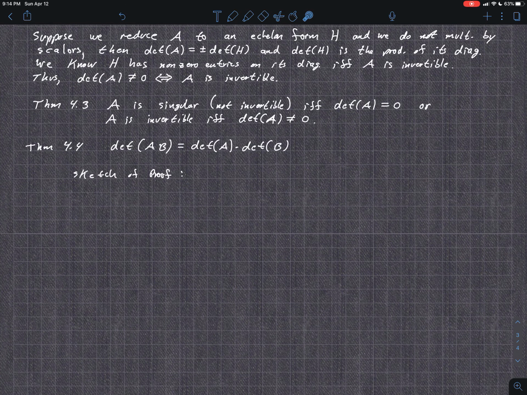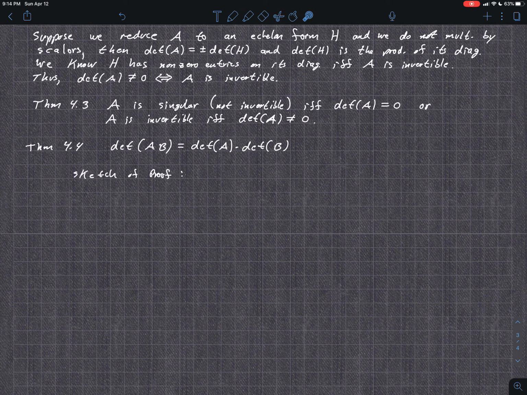This is a sketch of a proof, basically. Suppose we reduce A. So you have a matrix A, right? Reduce A to echelon form, but do that without scaling, without multiplying by a fraction. You don't necessarily want the diagonals to be 1.